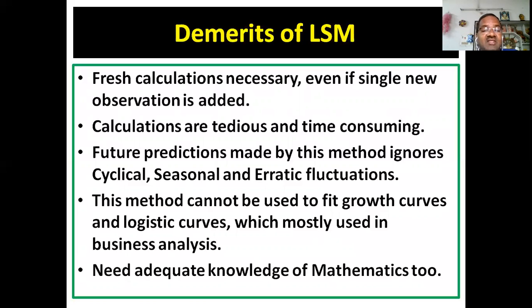The other difficulty is that this method cannot be used to fit growth curves and logistic curves, which are mostly used in business analysis, and it needs adequate knowledge of mathematics too. Once we decide to apply the least square method for computation of trend, anticipation of variable values or output or yield of the given data, unlike our previous methods, whereas in the free hand curve method, semi-averages method, and moving average method, a person having knowledge of statistics is enough.